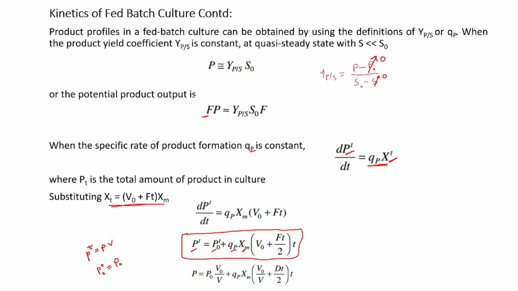Okay, so if we write it in terms of P, it will be Pt by V, and Pt0 is P0 V0. If we substitute these values, you will get this expression: P is equal to P0 into V0 by V, plus qP into Xm into (V0 by V plus Dt by 2) into t. Okay, D is actually F by V.